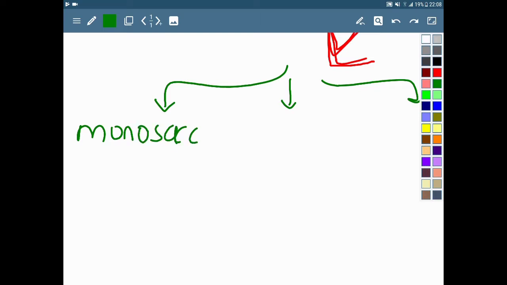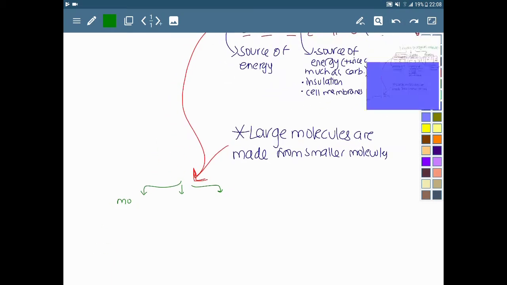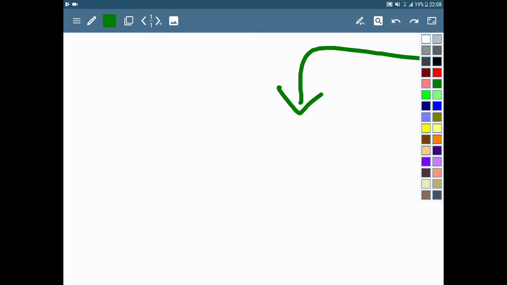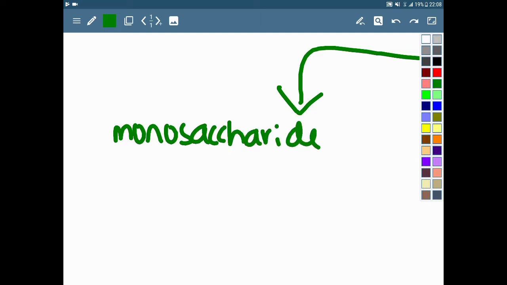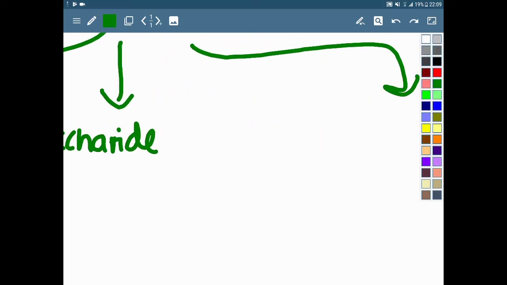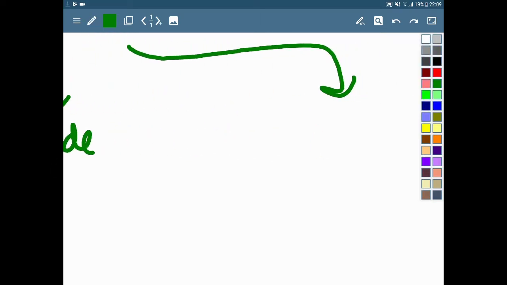monosaccharide, disaccharide and polysaccharide.